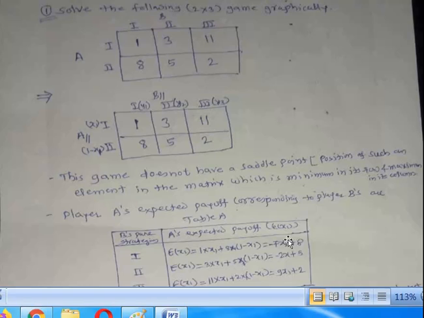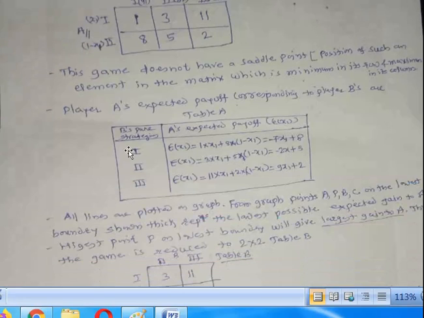The player A's expected payoff corresponding to player B's pure strategies is given in the table. For the first strategy of player B, it is 1 into x1 plus 8 into 1 minus x1, which is equal to minus 7x1 plus 8.